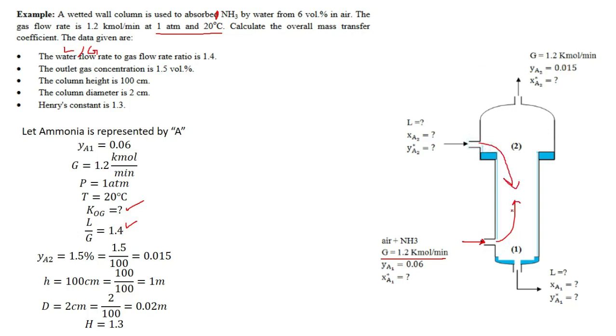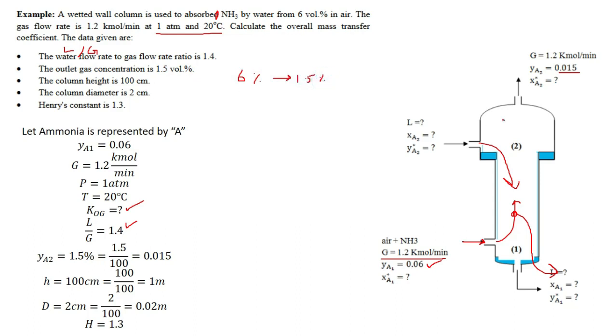So this water takes ammonia from this stream. As you can see here, the ammonia concentration is high, while when it goes here, only 1.5% ammonia is left. So it is being reduced from 6% to 1.5%.